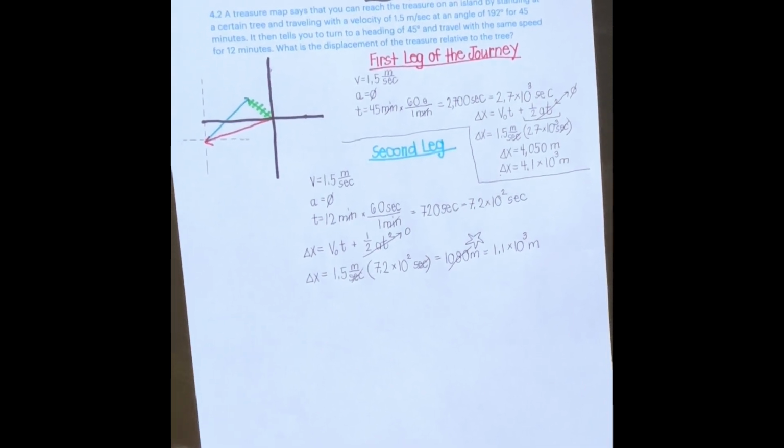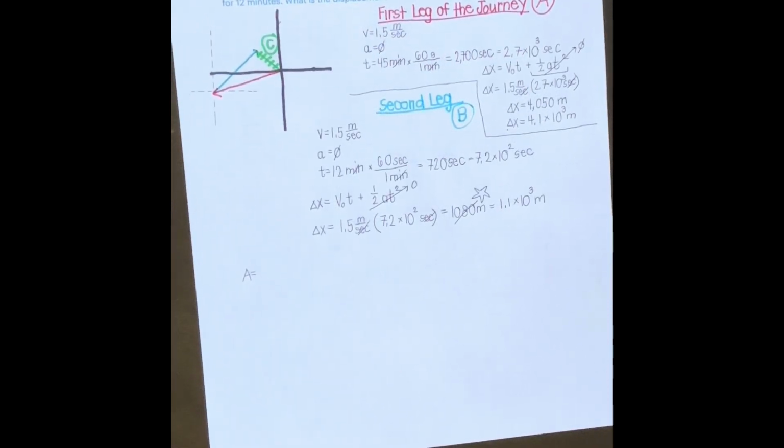So I'm going to turn this off and then write it all down for you. To add these two displacements, we must first break the vectors down into their components to make the notation easier.